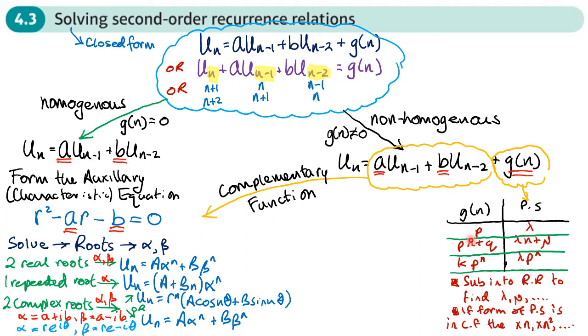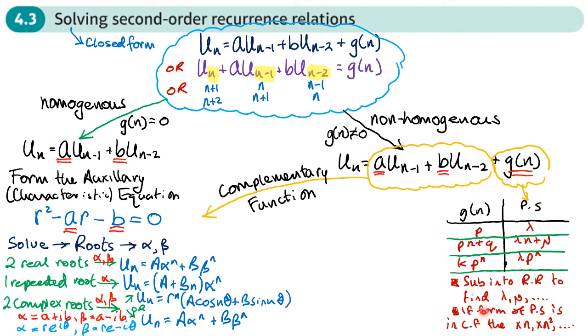Now it may be that we have a particular solution of the form lambda, for example, and already in our complementary function we have something that's of that form, so we've got a constant in there. Or for this particular solution here, we've got some sort of linear expression in the complementary function.